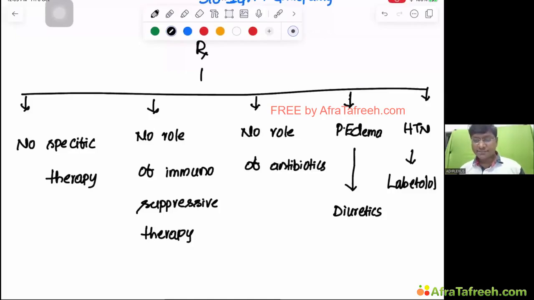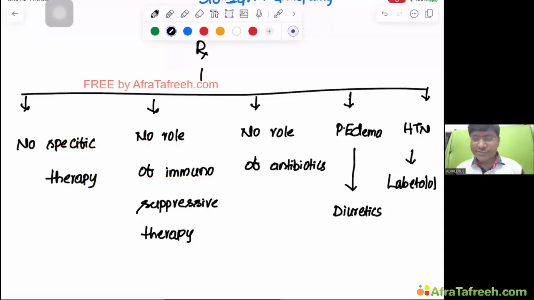That is tearing type of pain, that will be initially in the retrosternal area and radiating to the interscapular regions.